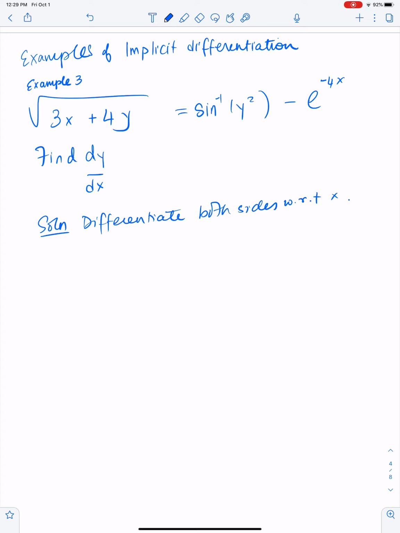It's nice to write roots as powers, so we will write d/dx of (3x plus 4y) raised to 1/2 for the left side.